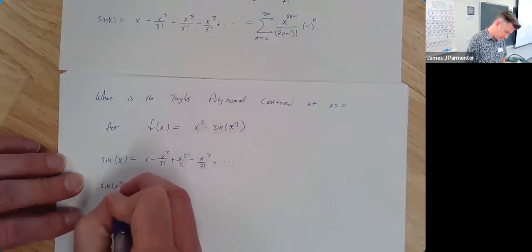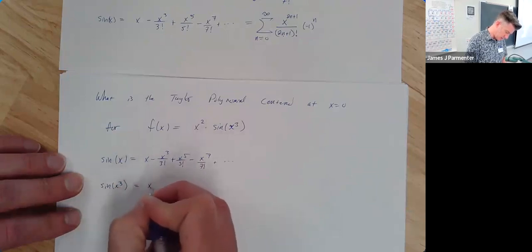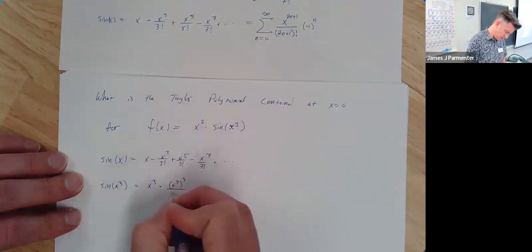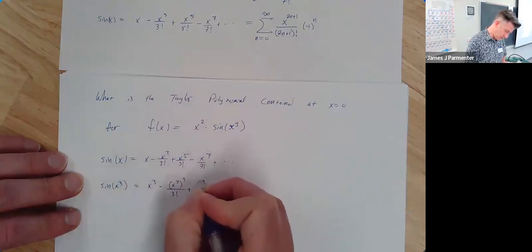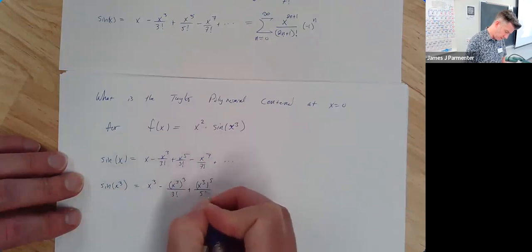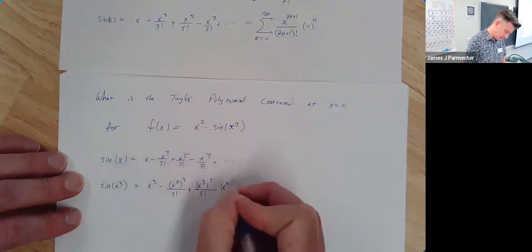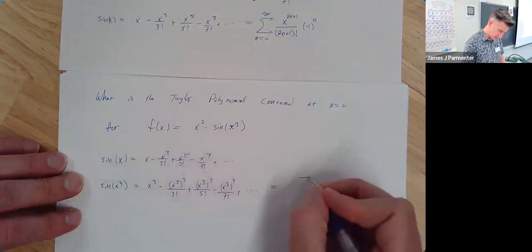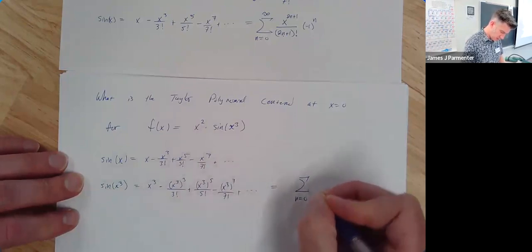sine of x cubed is going to be x cubed minus x cubed cubed over 3 factorial plus x cubed to the 5th over 5 factorial minus x cubed to the 7th over 7 factorial. And that's going to be the sum from n equals 0 to infinity.